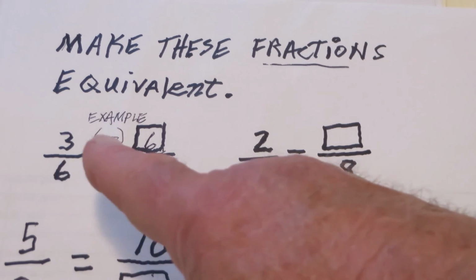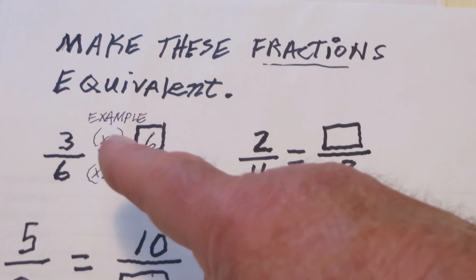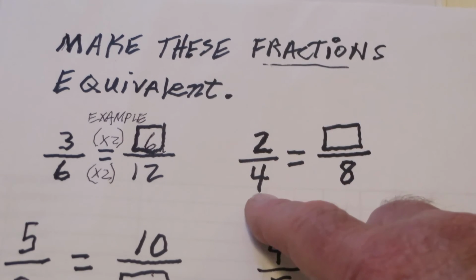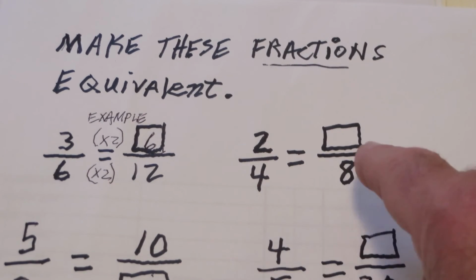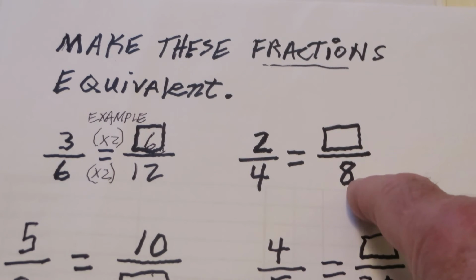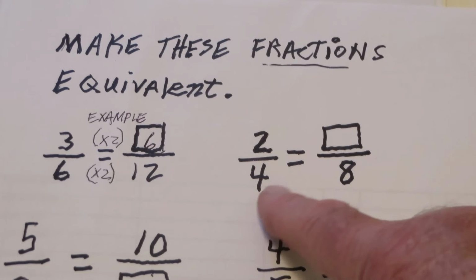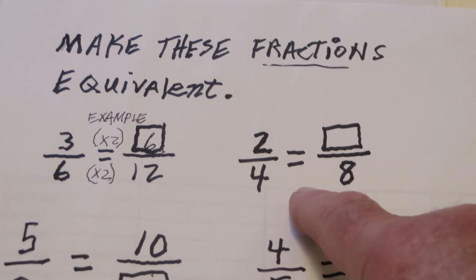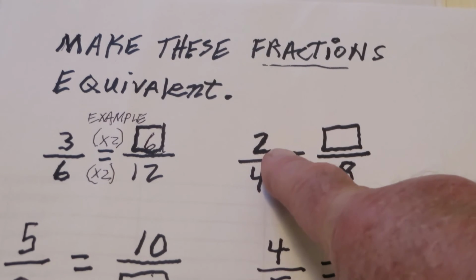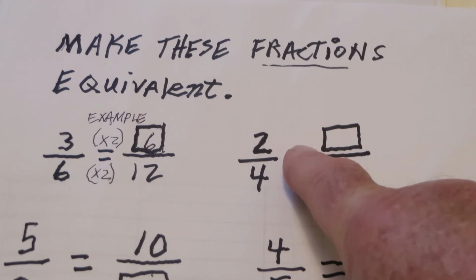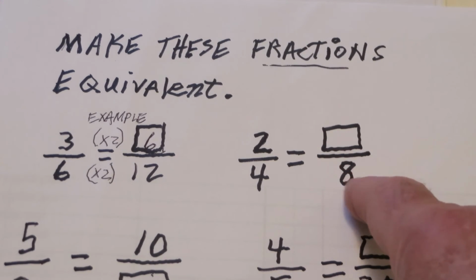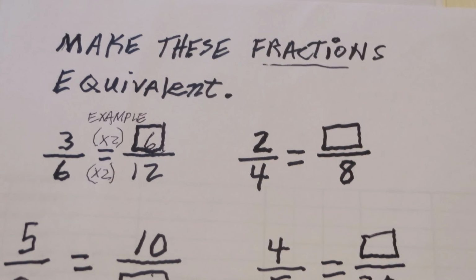So on the top we also have to multiply by 2. 3 times 2 is 6. In the second one, we have a fraction 2/4, and we want to create an equal fraction of something over 8. Well, in order to go from 4 to 8, we had to multiply times 2. And so we'll multiply times 2 on the top as well. 2 times 2 is 4. So our answer on this one is 4, and it's 4/8.